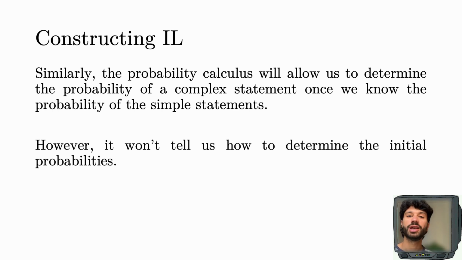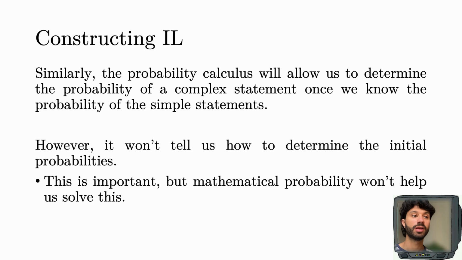In other words, just like deductive logic doesn't tell us whether a statement is actually true or not, inductive logic is not going to tell us what the actual truth or actual probability of a statement is. This is important. It's an important thing to know. What is the actual probability that we should assign to a statement? But the mathematical theory of probability won't really help us do this. But that's fine, because what we care about is the logic.